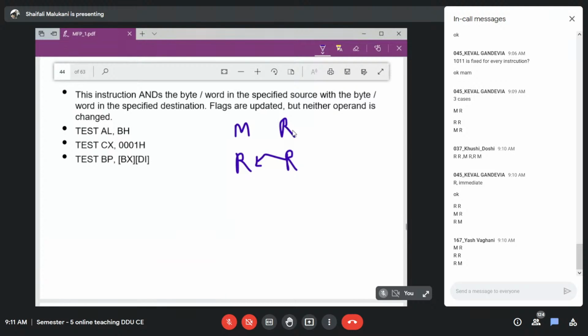From register to memory. Here I can say this is to and this is from. And one more case that is remaining is from memory to register. These are the three cases possible, right? Register to register, both operands are registers.